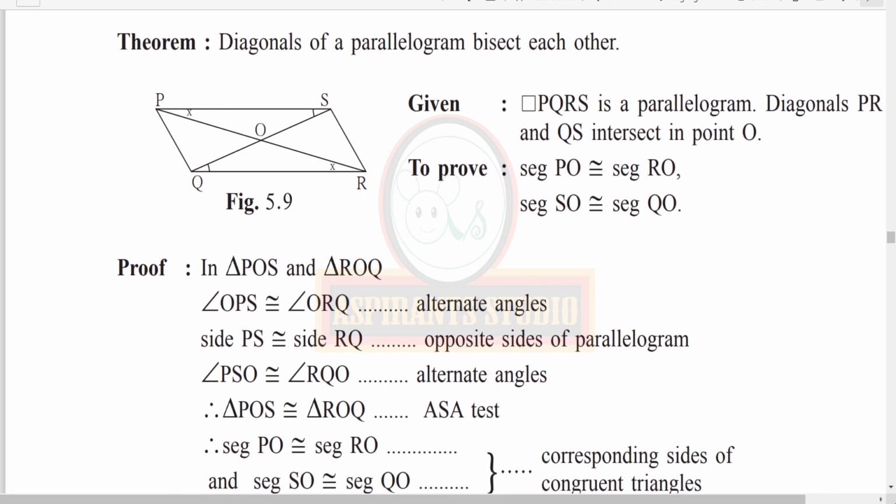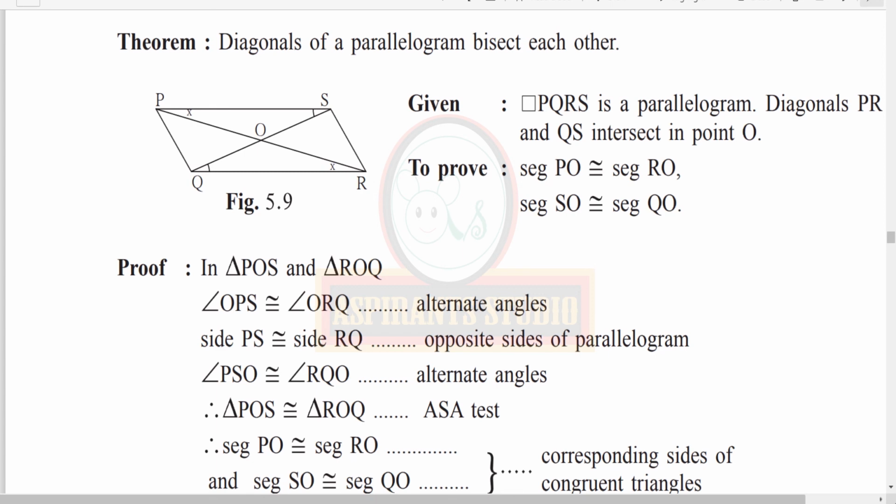Segment PO will be congruent to segment RO because P corresponds to vertex R, O corresponds to O and Q corresponds to S. So segment PO is congruent to segment RO and also segment SO is congruent to segment QO. The reason is corresponding sides of congruent triangles. So finally you write, hence diagonals of a parallelogram bisect each other.